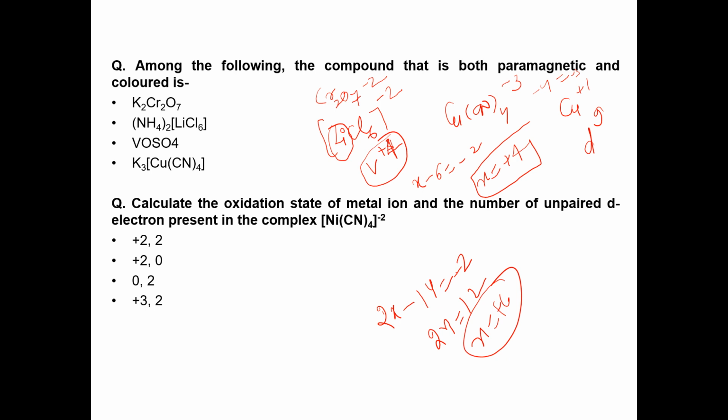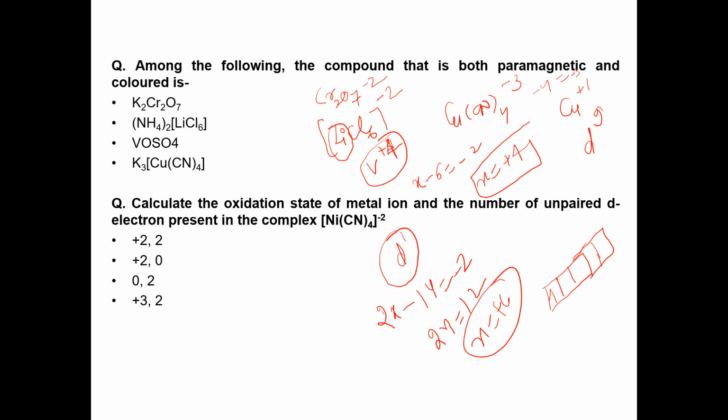In this way, you can write down the electronic configuration and fill the orbitals with the electrons. Vanadium plus 4 is d1.